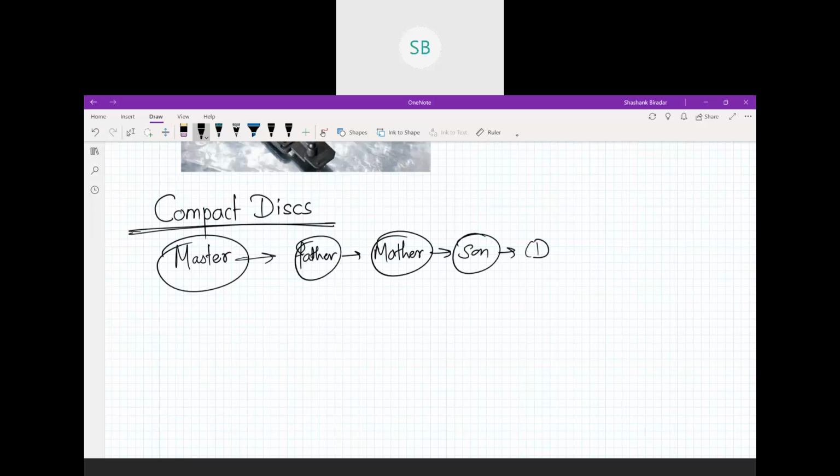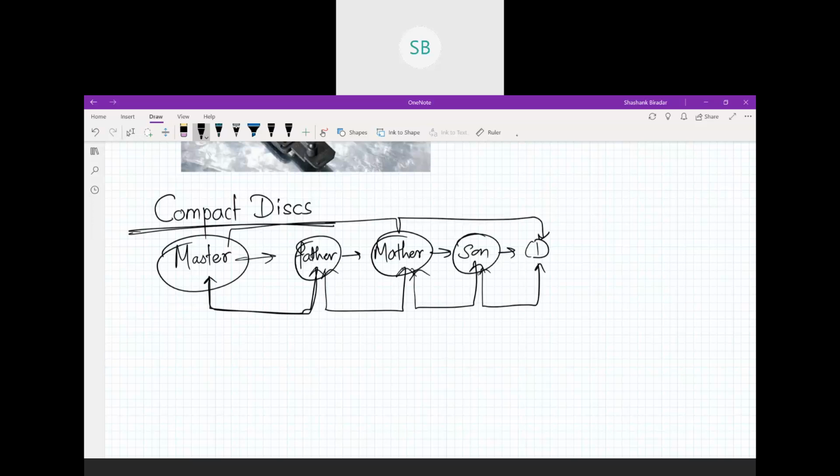So this master disk and father disk are exact negative replicas. Likewise between father and mother, then mother and son, and this son and the final product. So the master, mother, and the final product have the same analogy, and the father and son have the same analogy, that we have seen earlier.